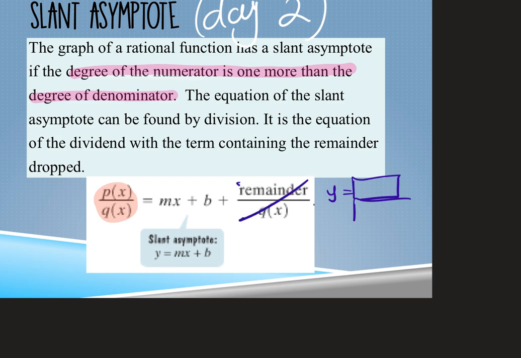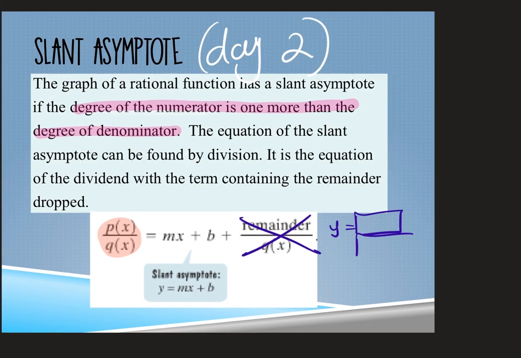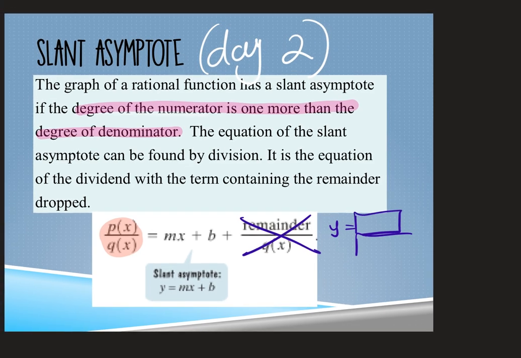We literally ignore the remainder when we get slant asymptote. And it should be in y equals mx plus b form. So because it's only 1 more, your x is going to be raised to the first power. If it was like x to the fourth in the top and x to the second in the bottom, then there's neither horizontal nor slant. Can only be 1 more.